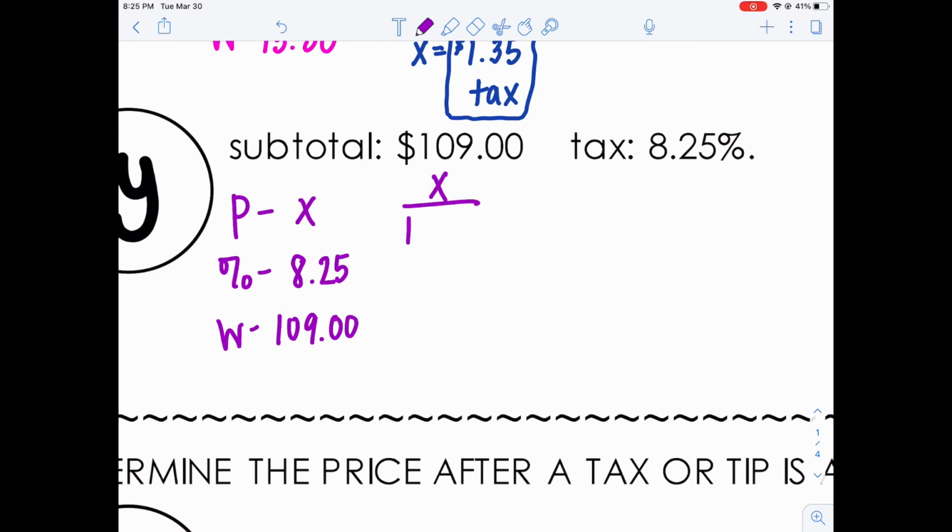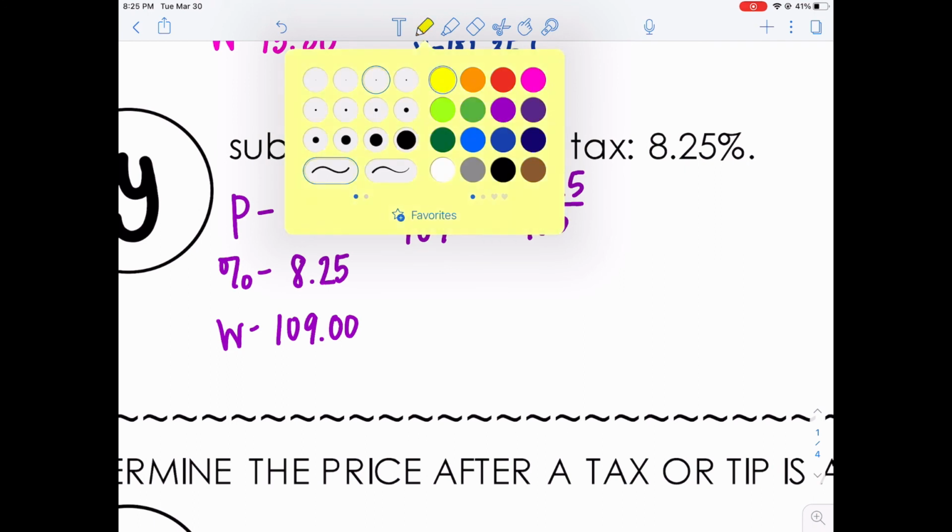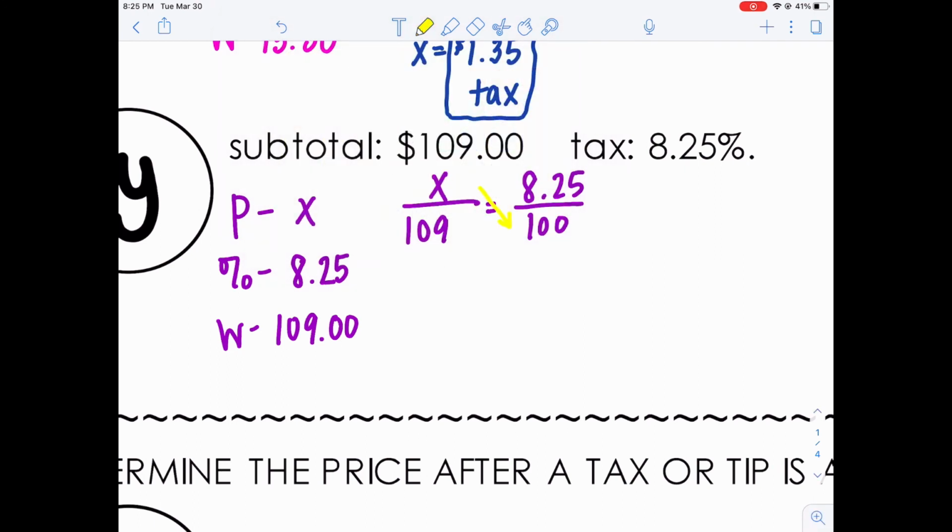Plugging it into my percent proportion, I have X over 109 equals 8 and 25/100ths over 100. Using cross multiplication to solve, I get 100x equals 109 times 8 and 25/100ths, which is 899 and 25/100ths, dividing both sides by 100.